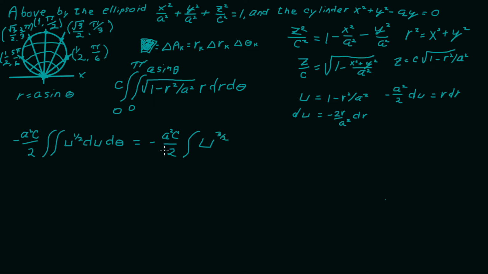And then we'll divide by 3/2 on the outside here, 3 times 2 over 2. We'll cancel out the 2's, so it'll become negative a squared c over 3, u to the 3/2, du, or d theta.